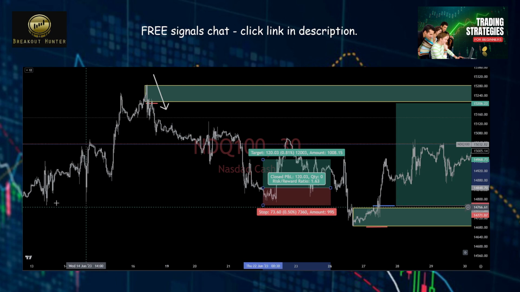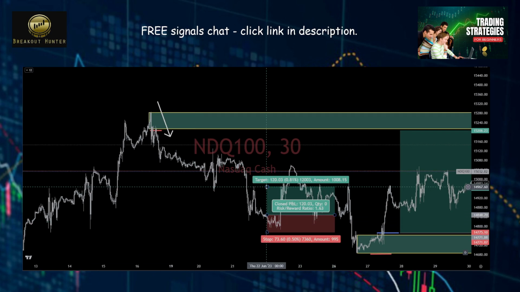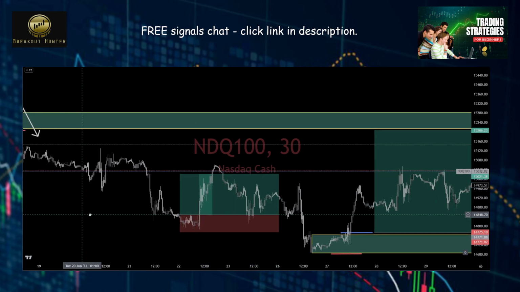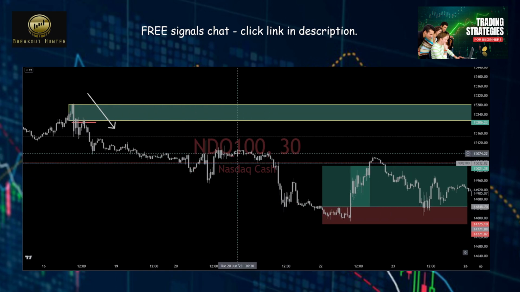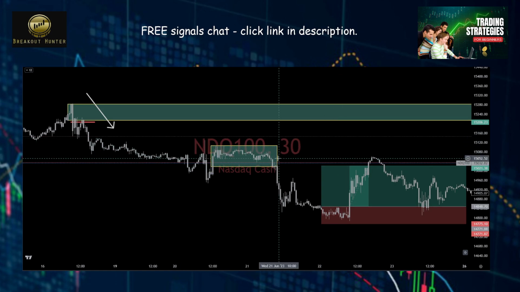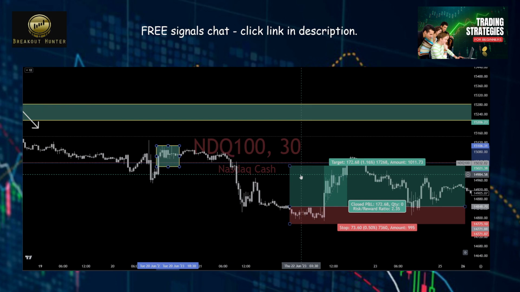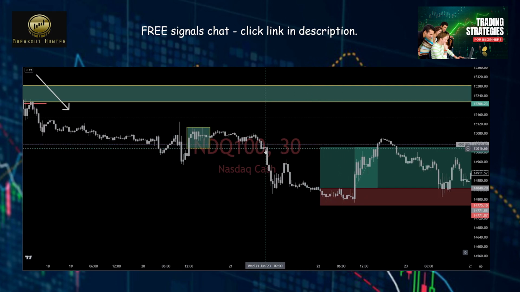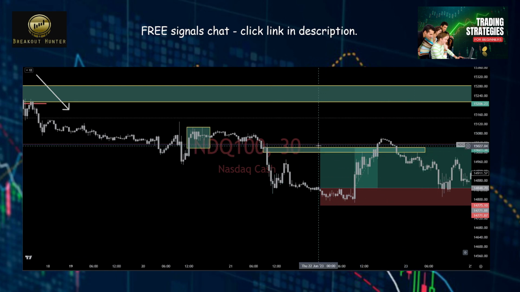Our stop loss is targeting this previous low here, and we are targeting not this. This is a distribution phase right here, this consolidation. That's not what you're targeting on this. You're targeting this supply zone that was created right here. See this little guy? So this is your supply zone, and that's what you would target.